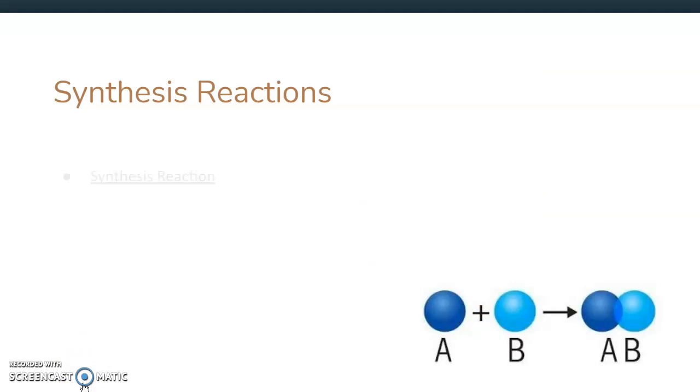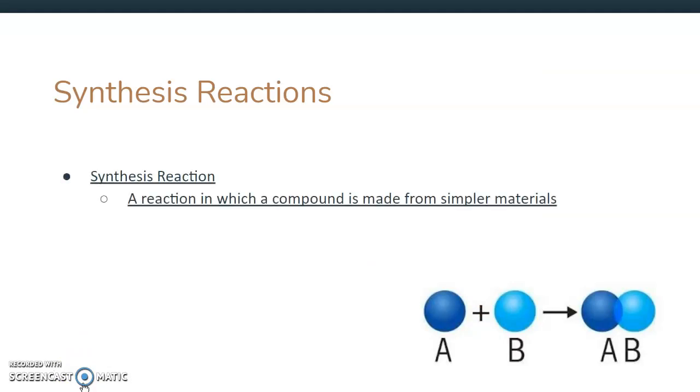So, synthesis. A synthesis reaction is a reaction in which a compound is made from simpler materials. We will use variables for a lot of our examples. Just like in math class, when we can use variables in place of numbers, we can use variables in place of elements or in place of compounds as well.